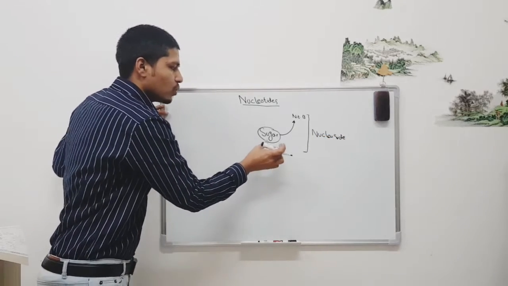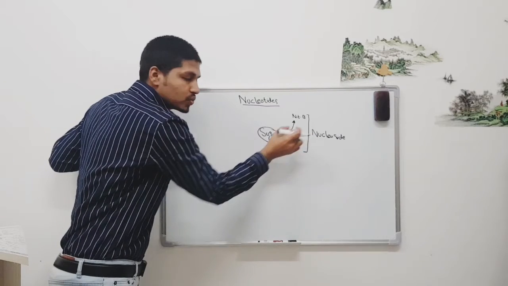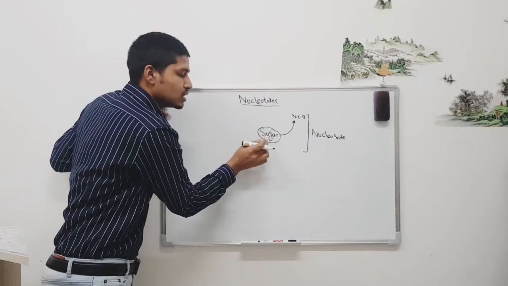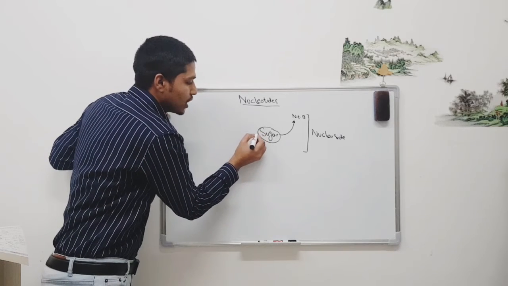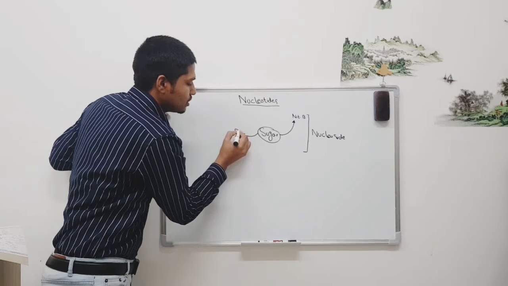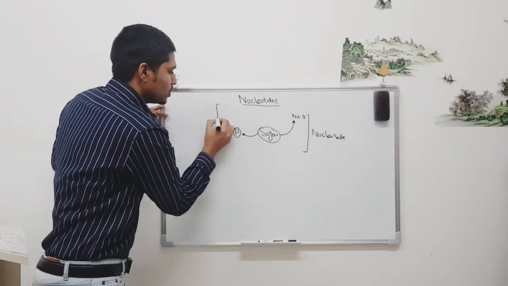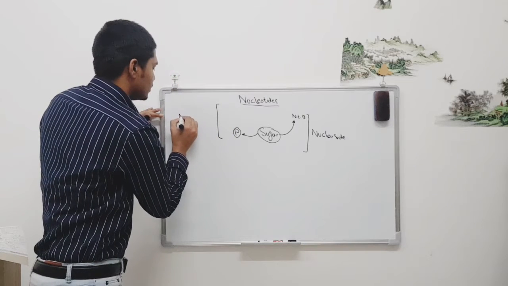And if, with the same sugar molecule, a nitrogenous base attaches to it, and also a phosphate molecule attaches to it, then we call it a nucleotide.